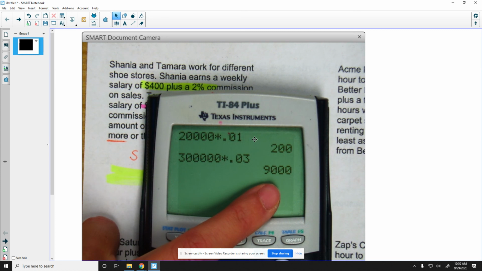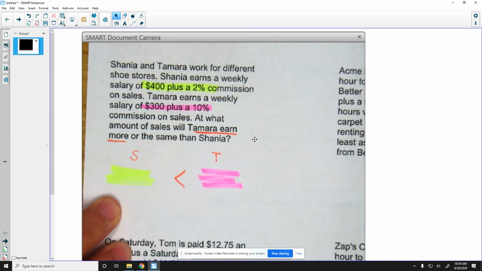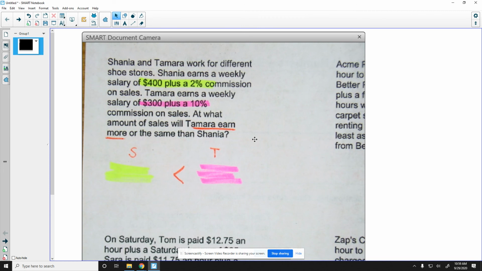But how many houses do you think a realtor is going to sell in a year? Who knows, right? If they're really good, maybe they'll sell like 20 houses in a year. But if they're not so good, then maybe they can only sell one house in a year. But that's what it means to work off of commission. Okay. You get your normal $10 an hour or whatever, but you also get the extra bonus for selling more. The more you sell, the more money you get extra.